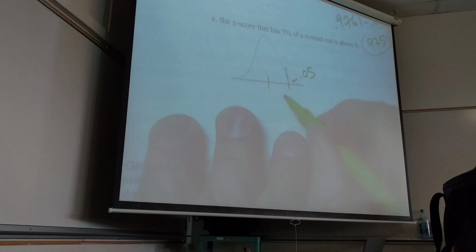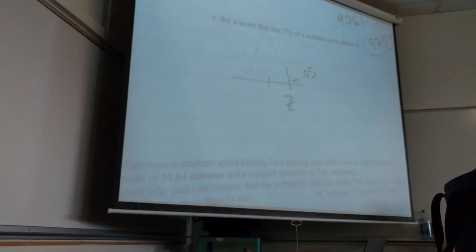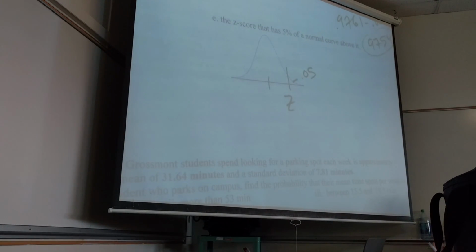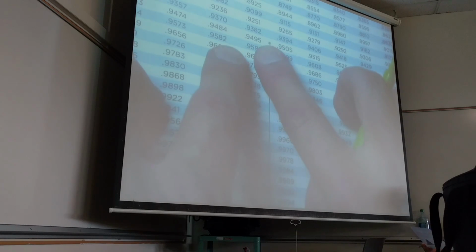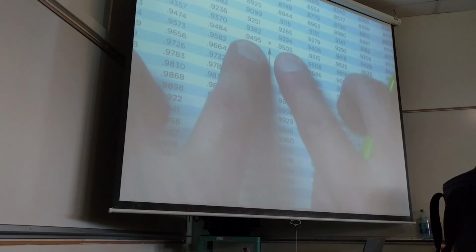So I'm looking for the z-score that's true for this, but my chart only understands areas that are below. So what area must be below this then? 95. Now this is an interesting one. If you look for 95, you know it's going to be a positive z-score. You should eventually get here. And they're trying to help you with the little asterisk because it's right in between these two.